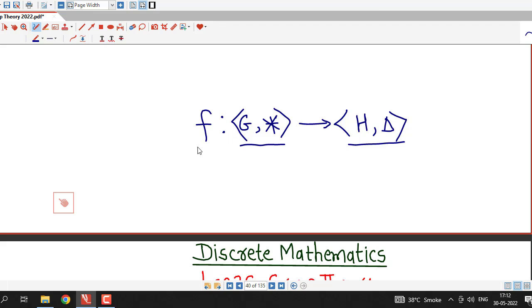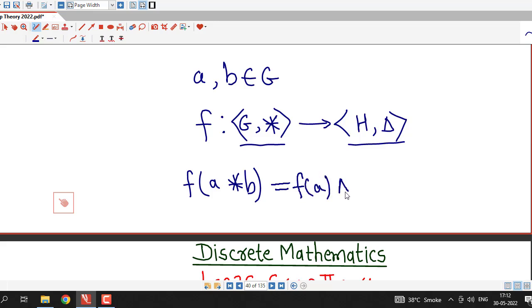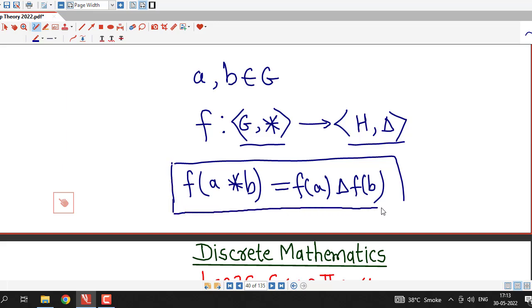Then a function f from G to H is called a group homomorphism if for any two elements A and B in group G, f of A star B equals f of A delta f of B. So this is the definition of group homomorphism. If we want to prove that f from G to H is a group homomorphism, then we have to show that this condition is satisfied.